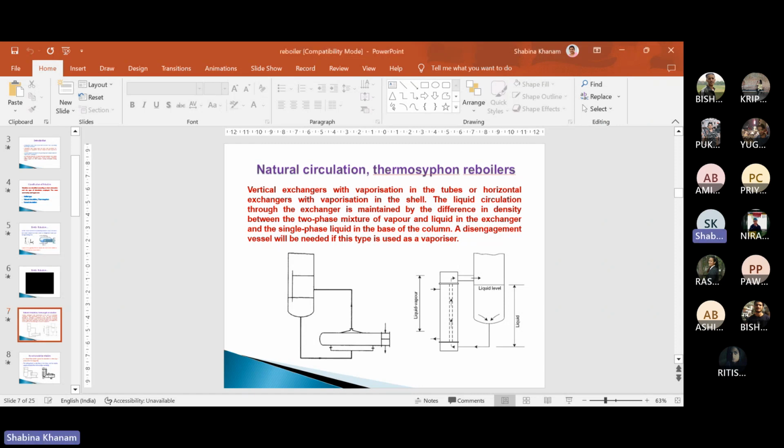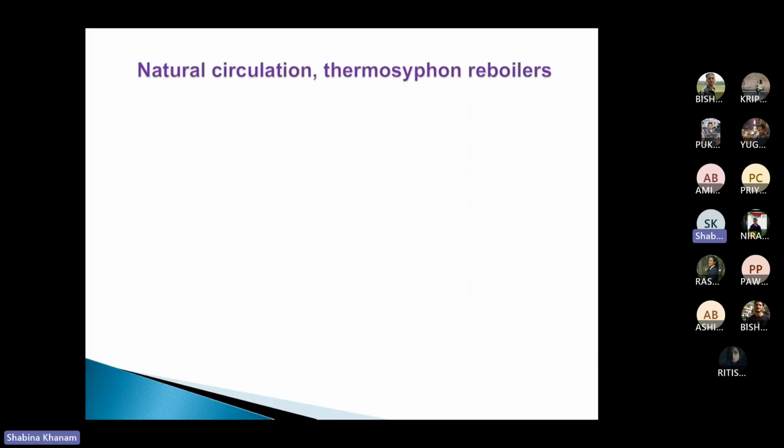So let's continue. So here, the next reboiler we have is the natural circulation or thermosiphon reboiler. Natural circulation means that the liquid enters the reboiler without any pump, and the vapor and liquid return back to the distillation column naturally.